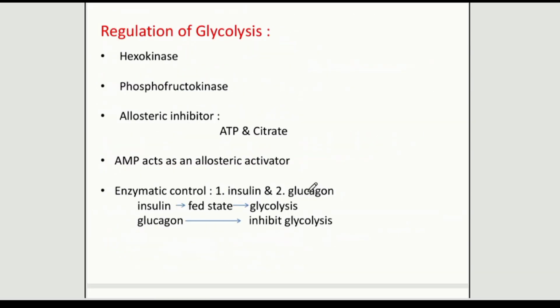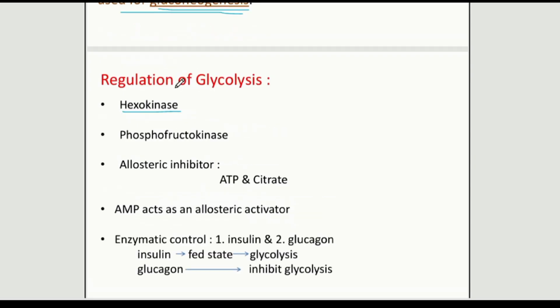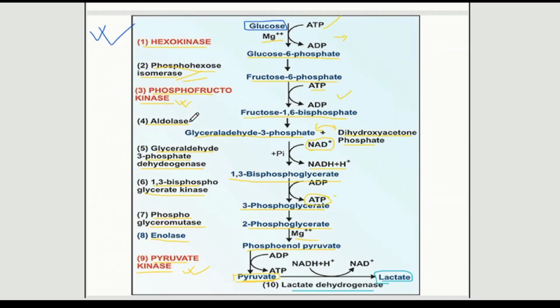What are the regulations of glycolysis? If you see the regulations of glycolysis, they involve the hexokinase enzyme, the phosphofructokinase enzyme, and some allosteric inhibitors or allosteric activators. Hexokinase is inhibited by glucose 6-phosphate.